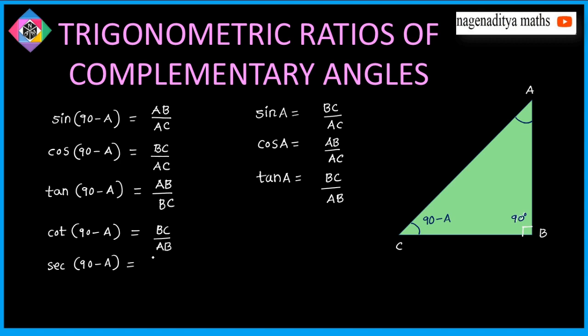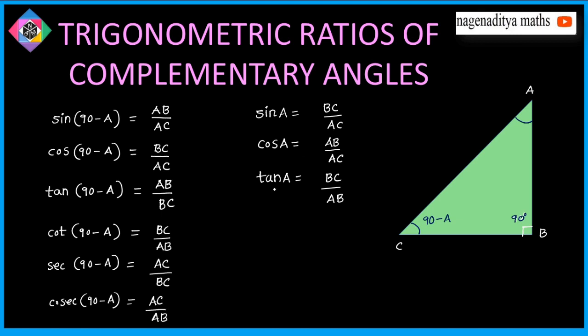That is hypotenuse by adjacent side. Hypotenuse is AC and adjacent side is BC. So this is AC by BC. And what about cosecant of 90 minus A? That is hypotenuse by opposite side. So hypotenuse is AC and opposite side is AB.